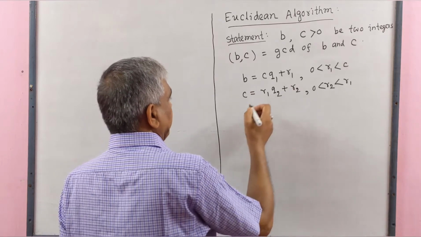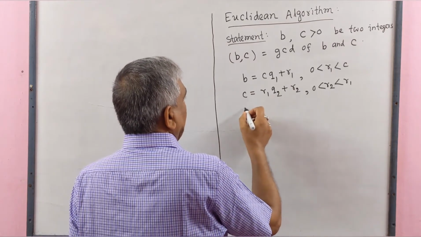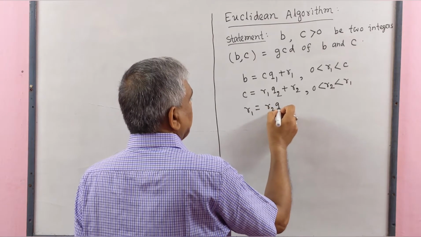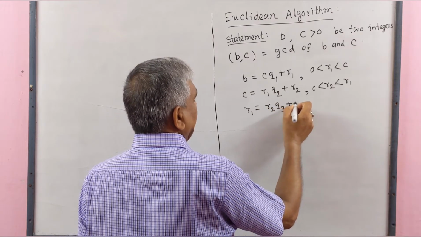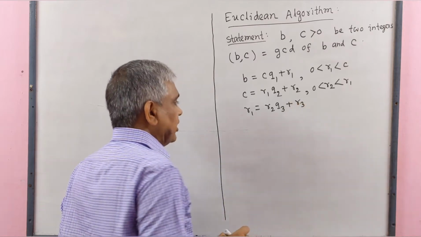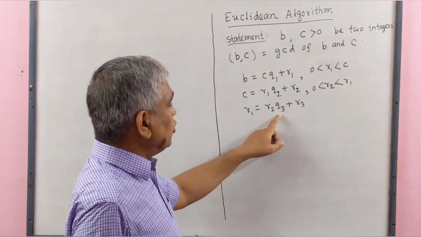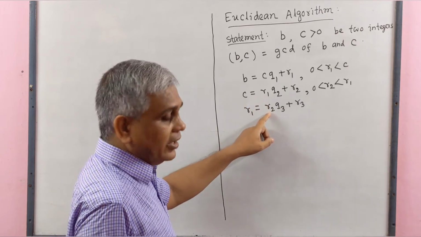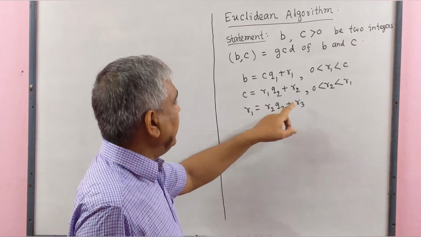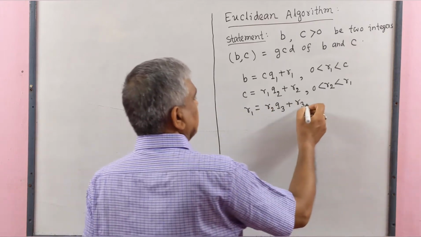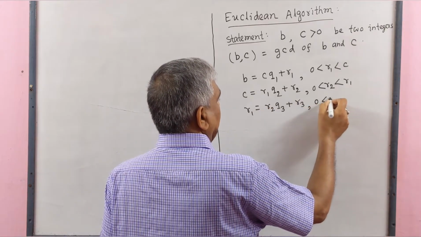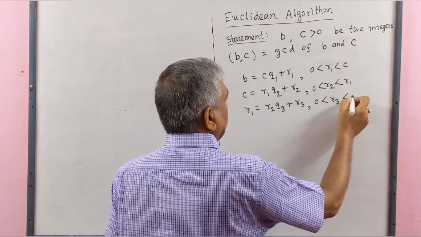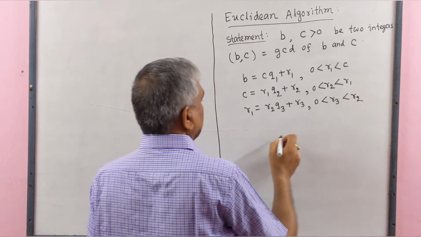Next division algorithm: R1 equals R2 Q3 plus R3. Here Q3 is the quotient when R1 is divided by R2 and R3 is the remainder. R3 lies between 0 and R2.